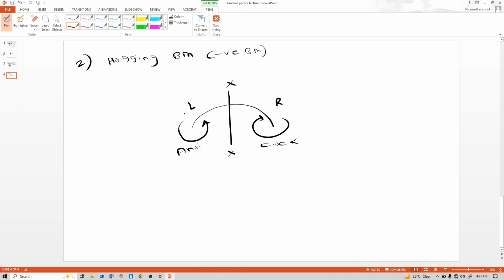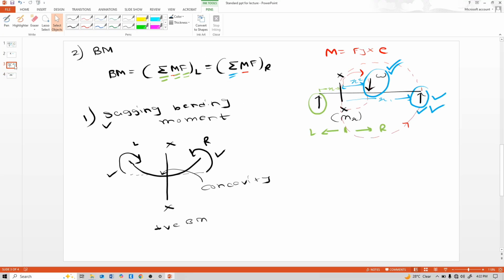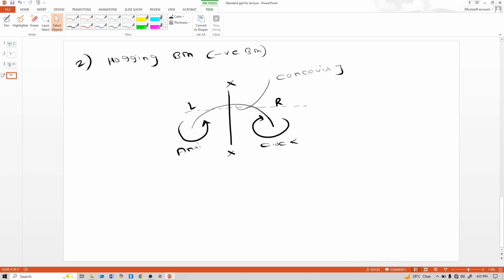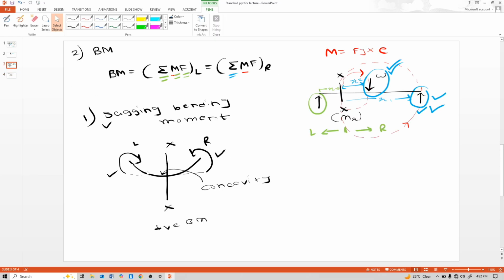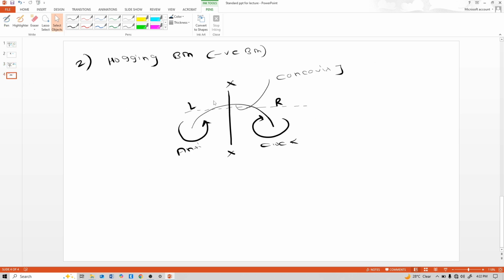So here center line is somewhere like this and this produce concavity, and here center line is somewhere like this and it produce concavity. So here below center line concavity, and here above center line concavity occurs.